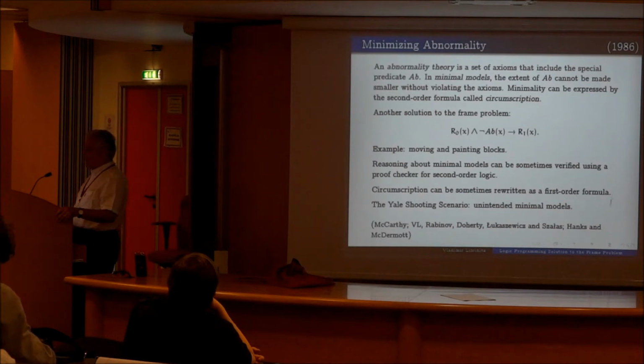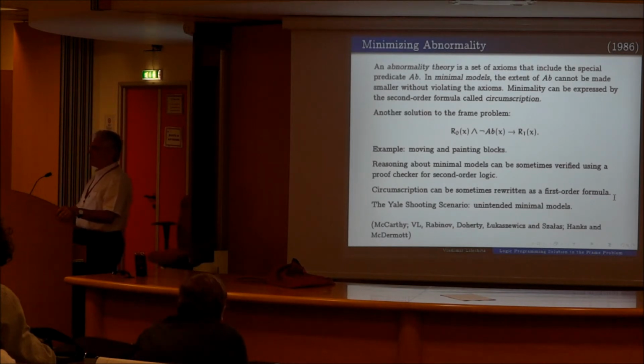Some other work that was done around that time, around 1986, dealt with the cases when the second-order formula describing circumscription can be written equivalently as a first-order formula. And some work was done even on doing this automatically. And that was a little step towards automating reasoning about circumscription.